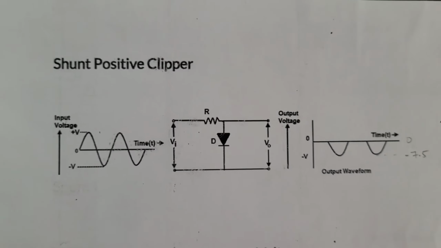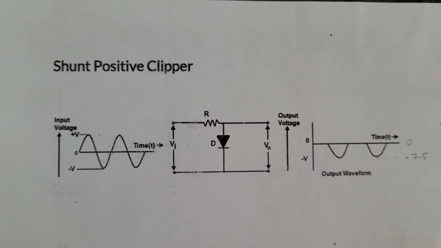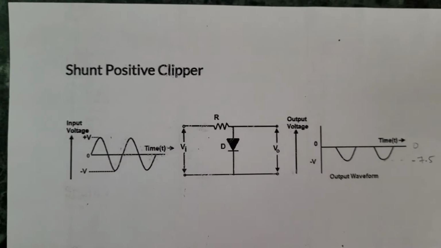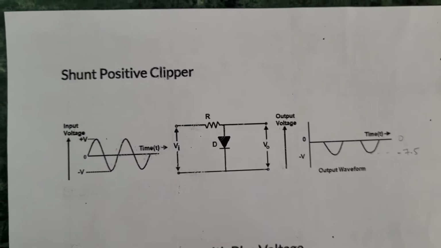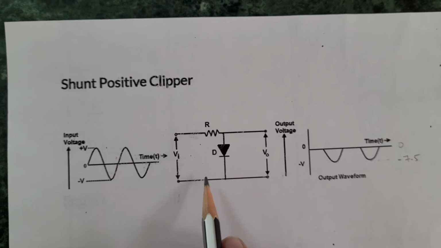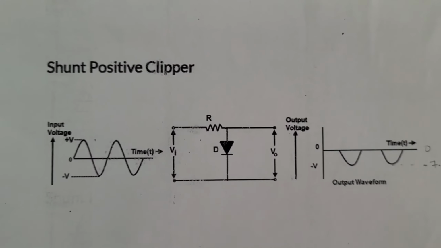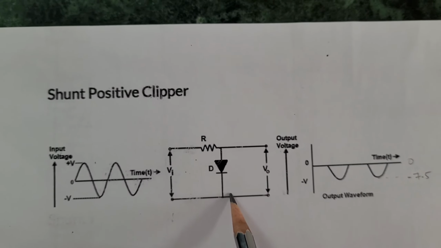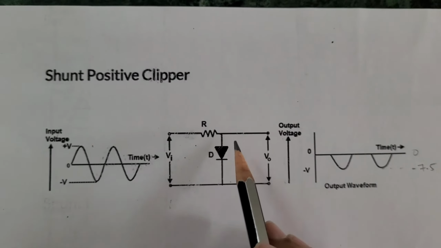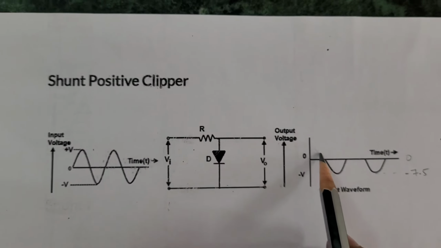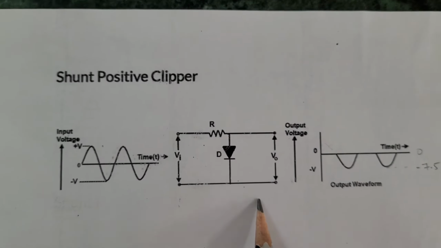Let's study and implement the third list of clippers, shunt positive clipper. During the positive half cycle of the AC input, the diode gets forward biased. It acts as a short circuit, the potential measured across the diode will be 0, hence no voltage during the positive half cycle.